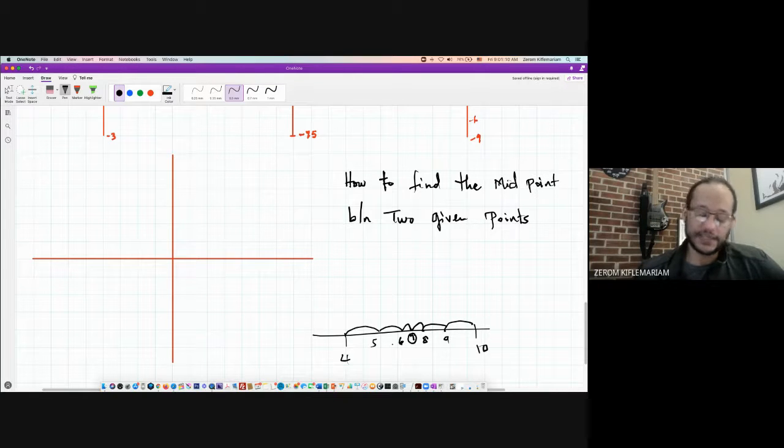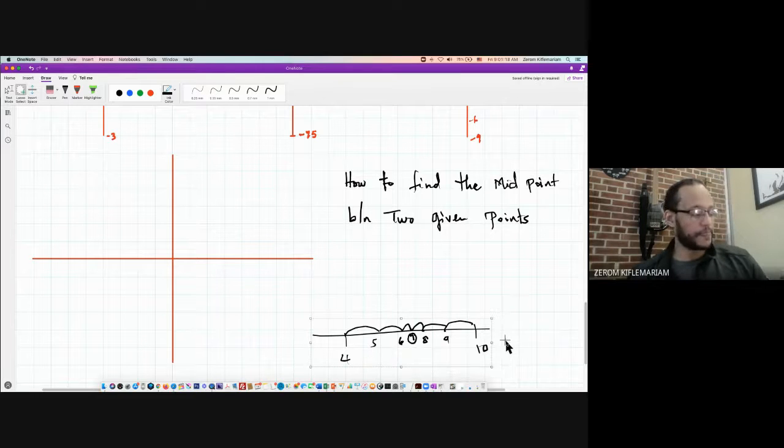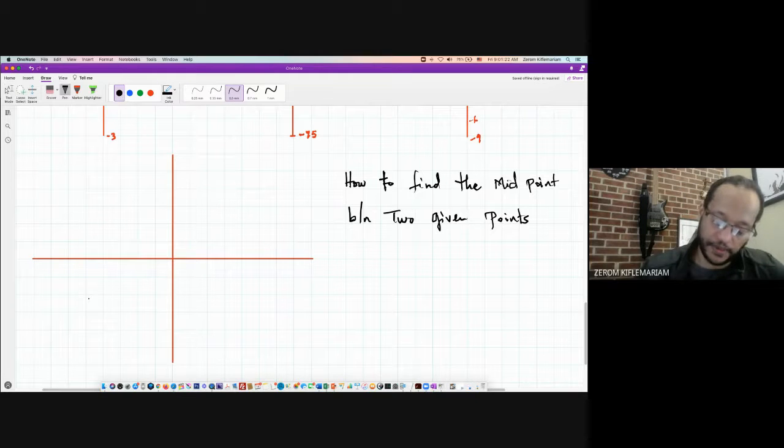But vertically, we can do the same thing, but it wouldn't be ideal if we have to draw everything in that format. So there must be a formula. In other words, if I give you a point over here, let's call this one A, and another point over here, B. What is the midpoint between those two values?